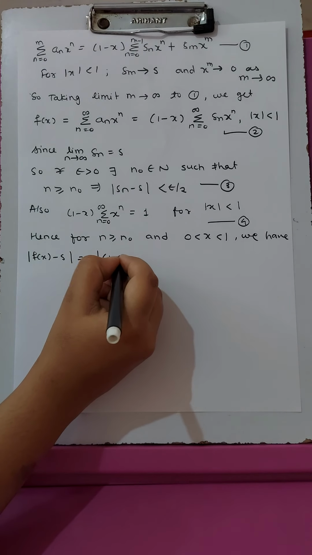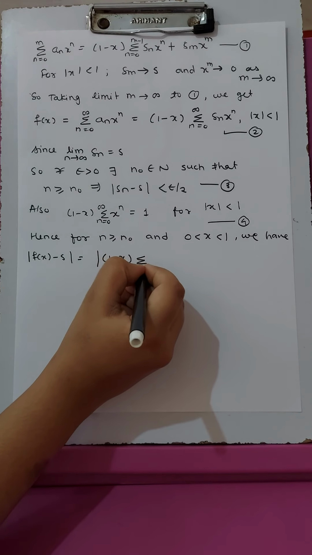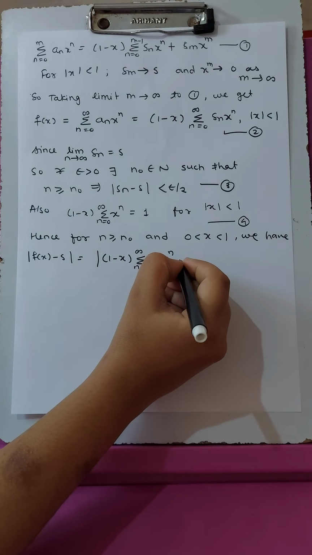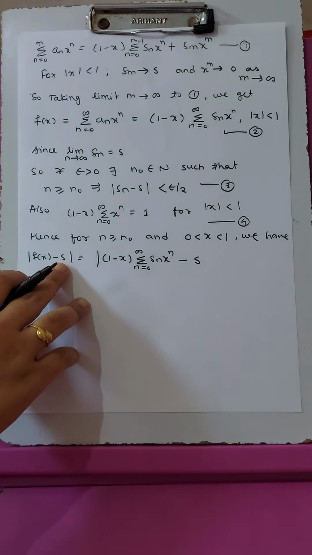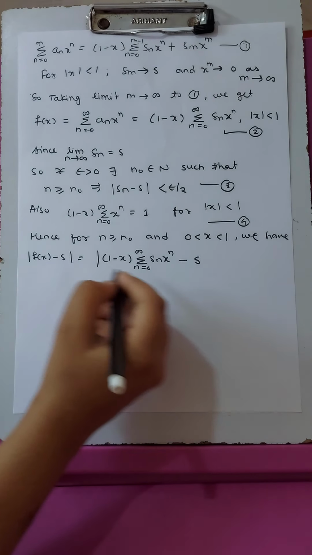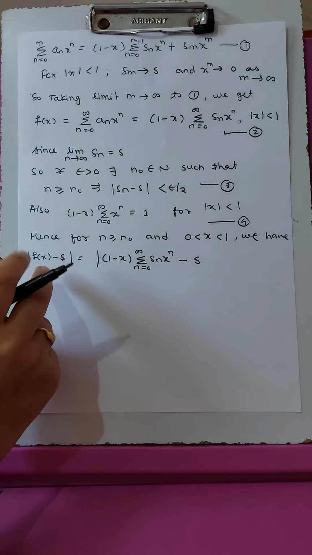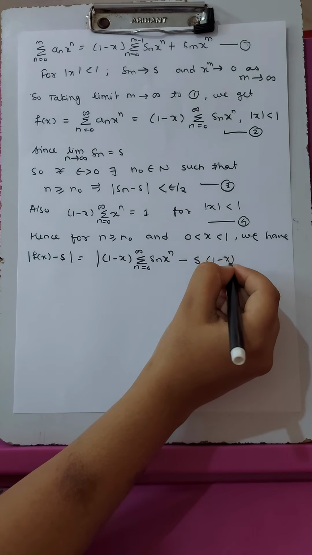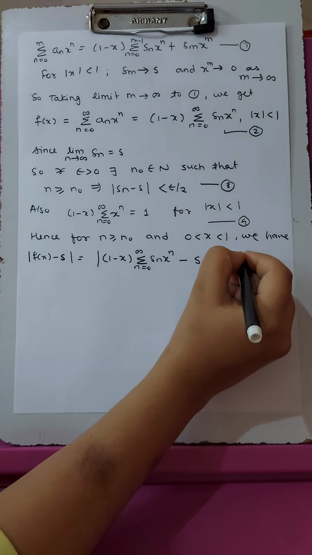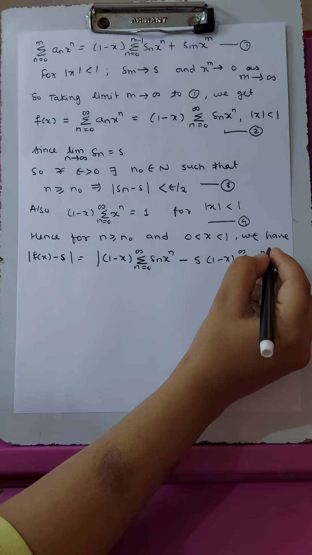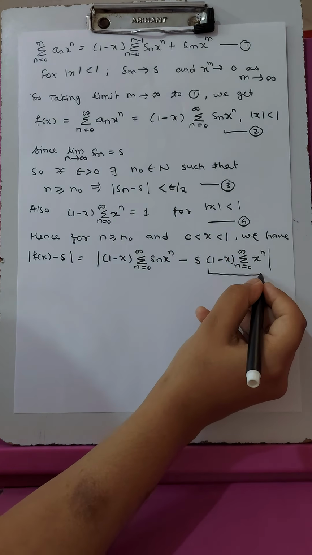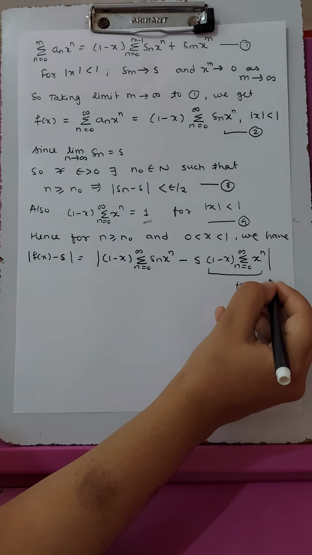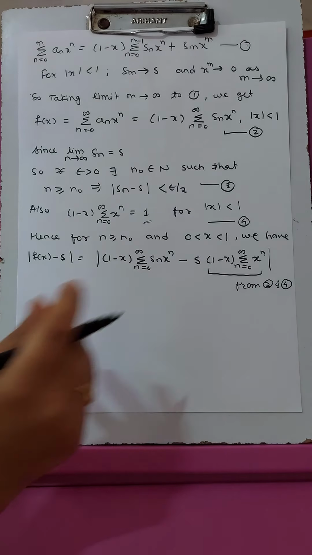And s can be written as s multiplied by 1 minus x summation n from 0 to infinity x to the power n, since the value of this term is equal to 1 from 4. We have written this from 2 and 4.